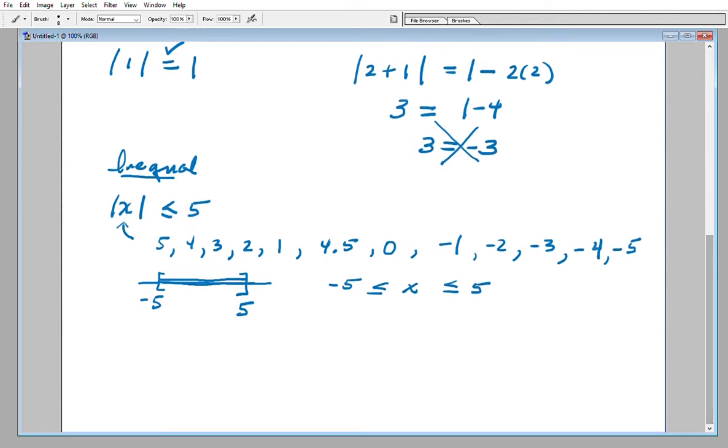Okay, all right, so for example, let's say we have 2x plus 1 less than or equal to 7, then that means that this will be between 7 and minus 7. All right, so we just write it like this.